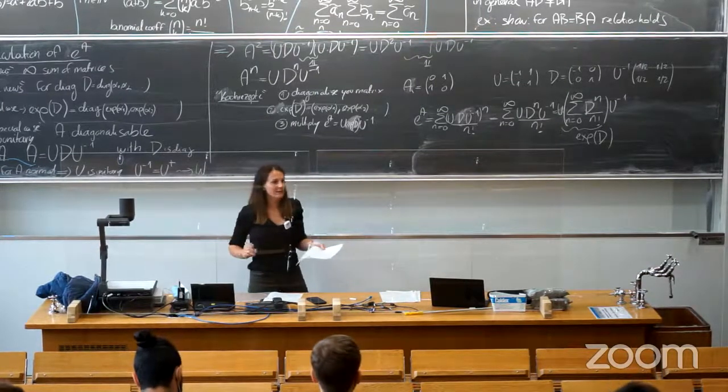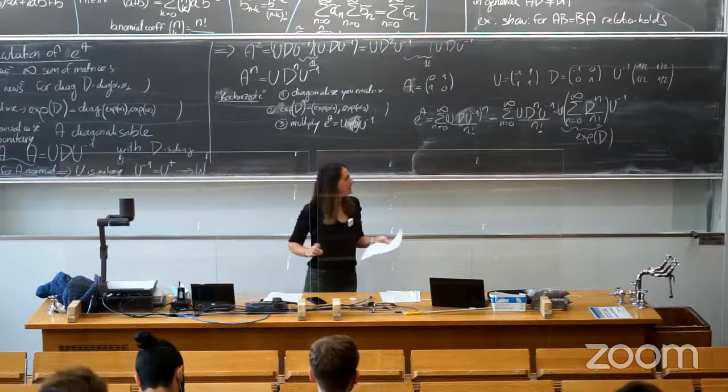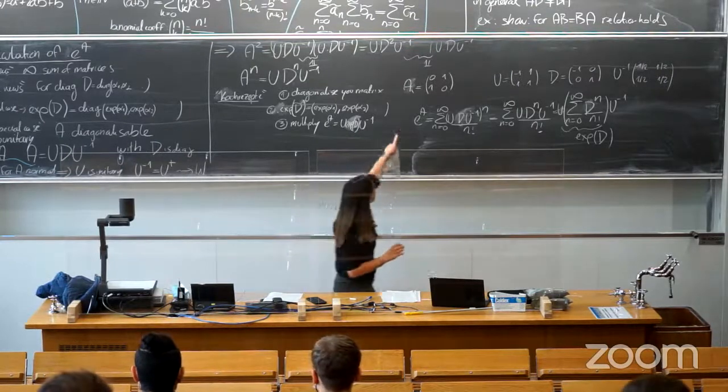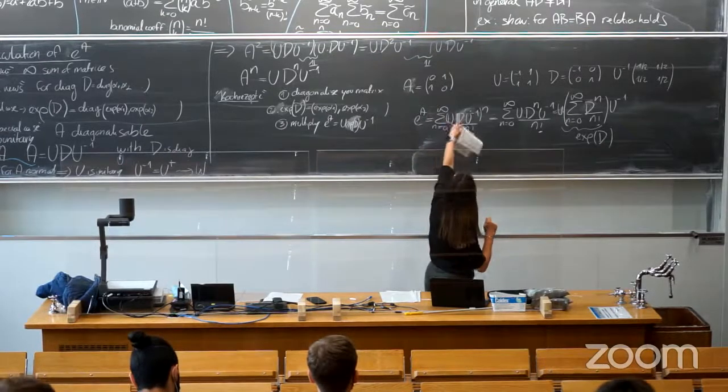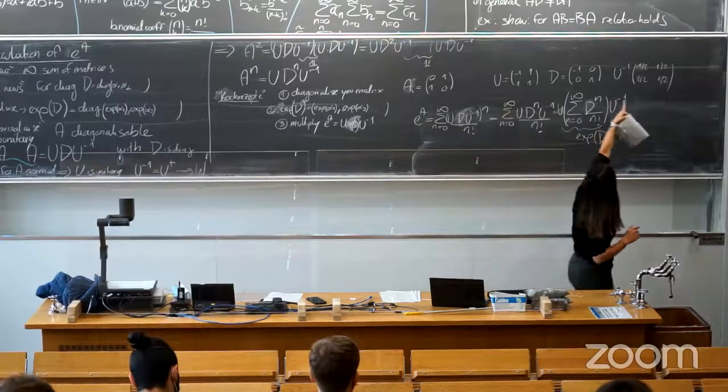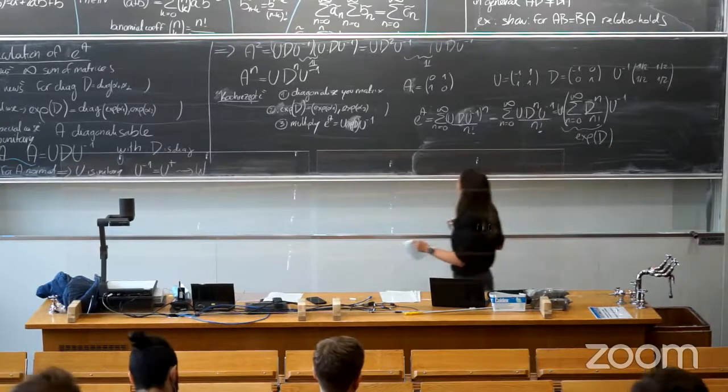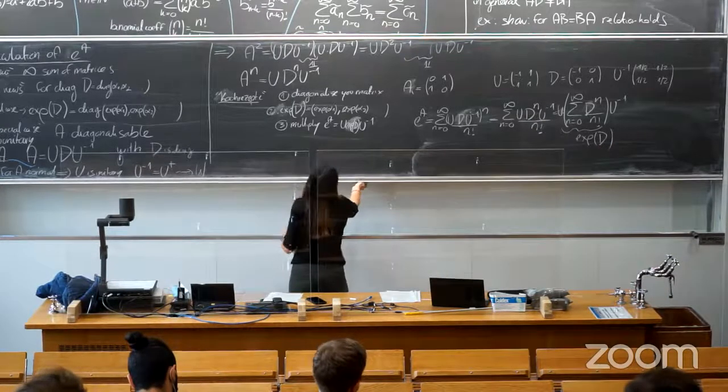Okay, anything else? So for this matrix A, which is actually the X gate, as you probably saw, if we diagonalize it, we obtain these three matrices. So this will be step one.